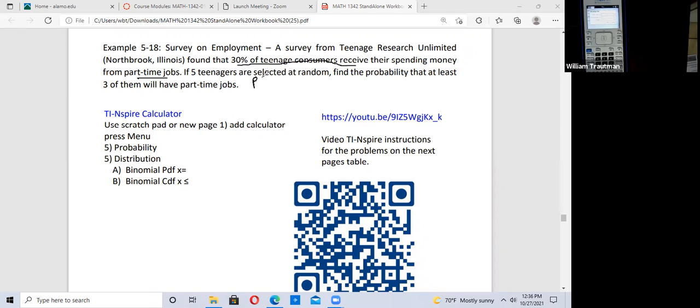So the probability that a teenager gets spending money from a part-time job is 30%. If 5 teenagers are selected at random, that means n equals 5. That's the number of trials. Find the probability at least 3 of them will have part-time jobs.